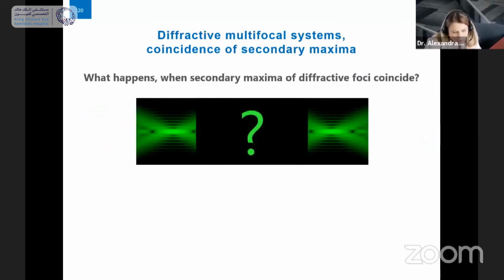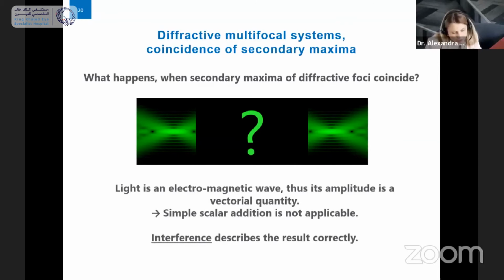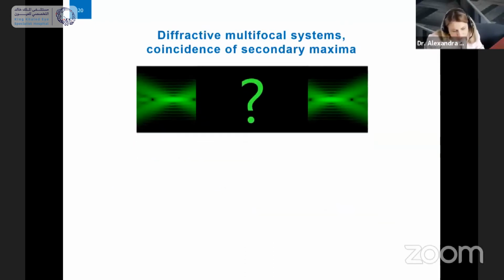So what happens when secondary maxima of the diffractive orders coincide? It's not so easy as you saw, because it's much more complex, and amplitude is a vector quantity. So interference describes the results correctly, and it looks like this.